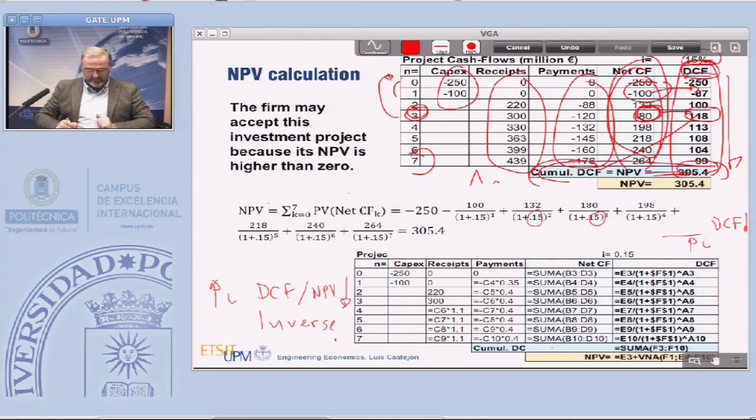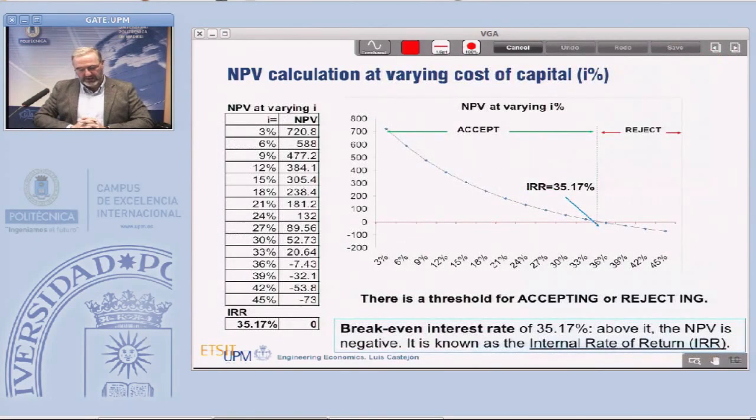So as we move from a 15% cost of capital to a 20% cost of capital, the discounted cash flows will reduce as we are dividing by a higher amount. So this is what we are going to see.